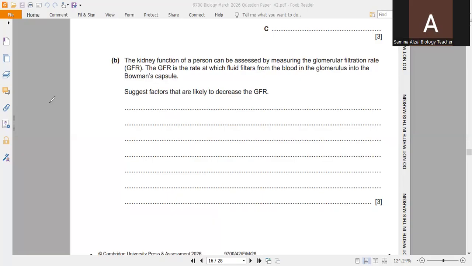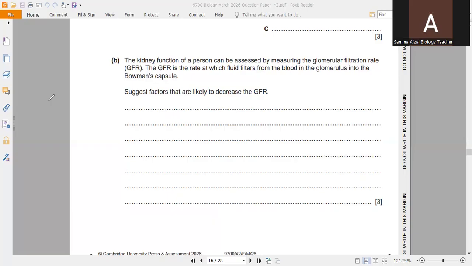And thirdly, dilation of the afferent arteriole or blockage in the urinary tract. Damage or disease of the filtration barrier, increased plasma solute concentration, higher blood oncotic pressure, all of these can be the causes.